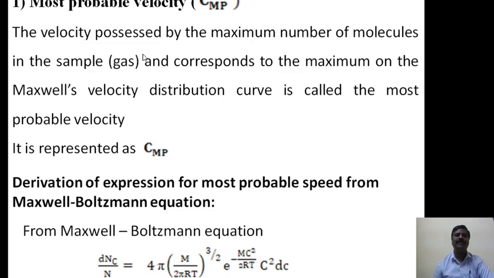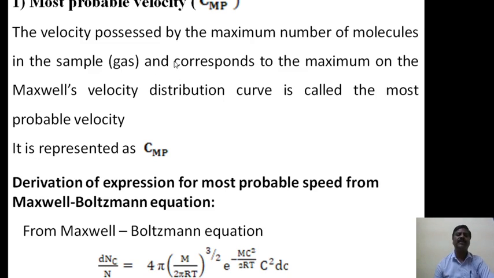We can also define it like this. Suppose consider a gas containing 100 molecules. Out of 100 molecules, some molecules have a very high velocity, some molecules have a very low velocity, and some molecules have the same velocity.